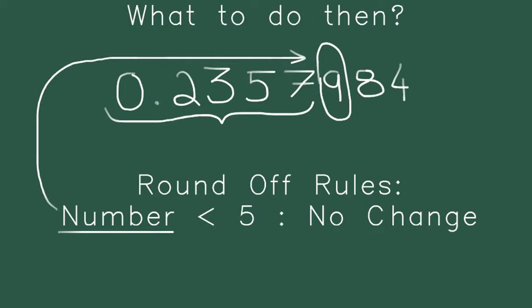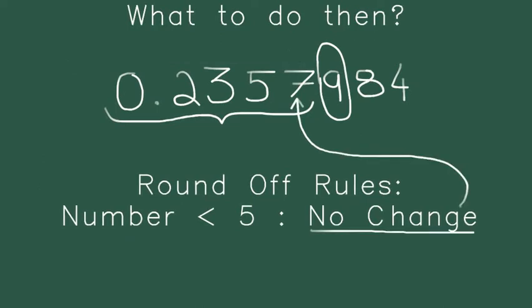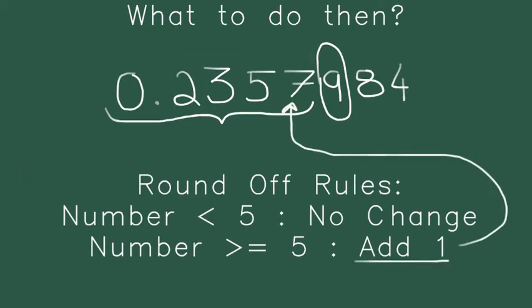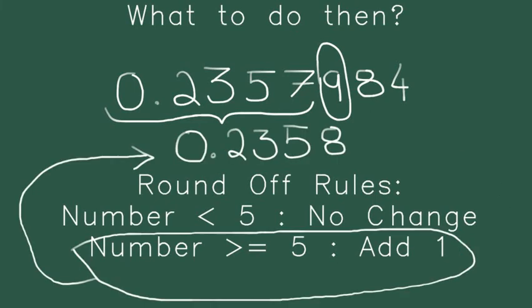But if this number is greater than or equal to 5, which in this case it is, you're going to be adding 1 to the last number that you're going to keep. So our answer at the end becomes 0.2358.